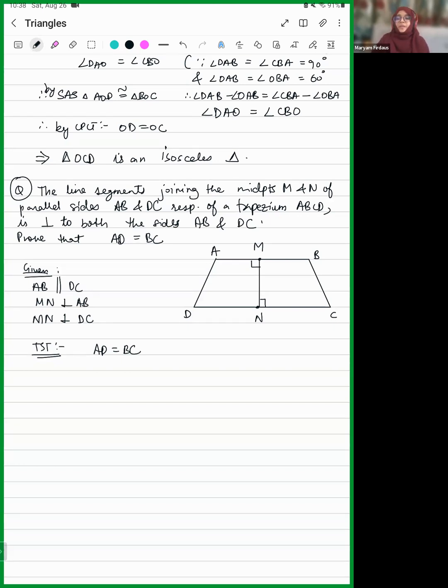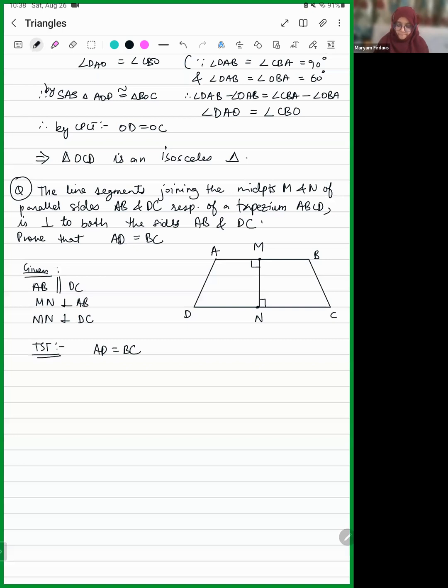Just remember the definition: a trapezium is a figure in which only one pair of opposite sides is parallel. There is no condition about being equal. So it's not given to us that these two are equal. We have to prove that these two are equal.